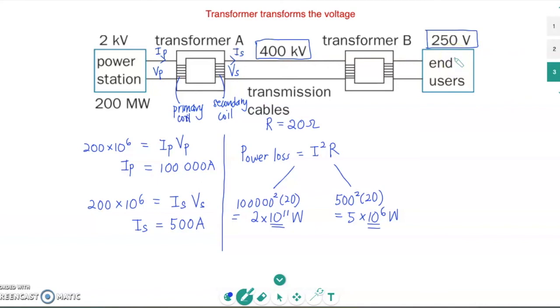So that's why we make use of transformers to transform the voltage: so that when we transmit the power, we don't transmit it at high currents and have a significantly lower power loss due to the heating effect in the transmission cables.